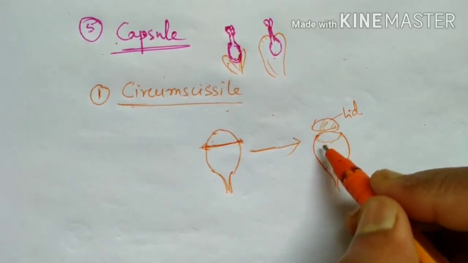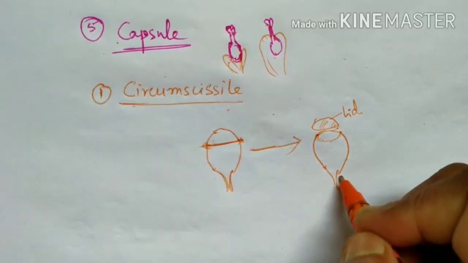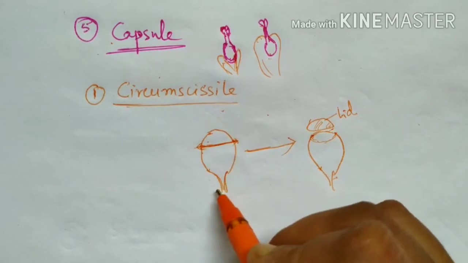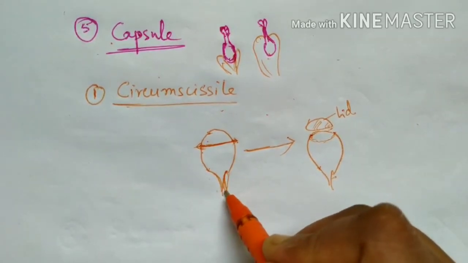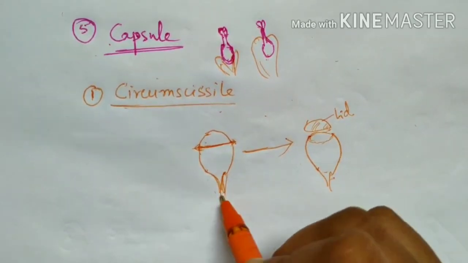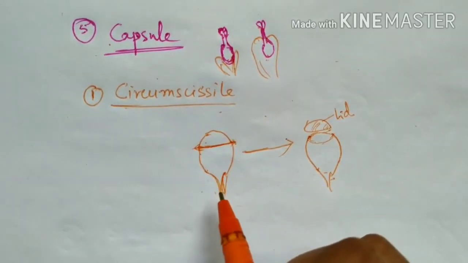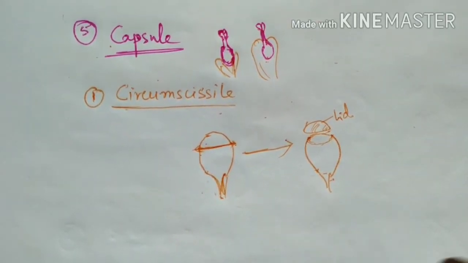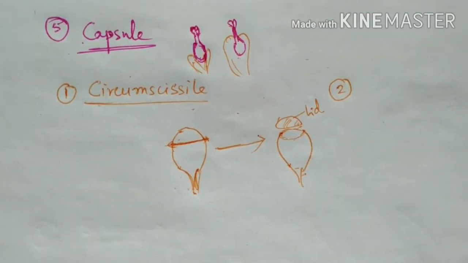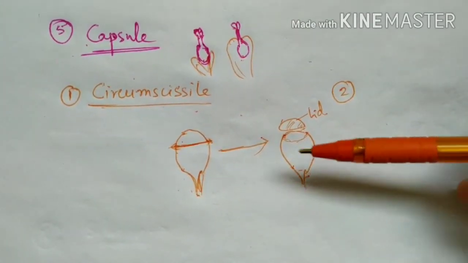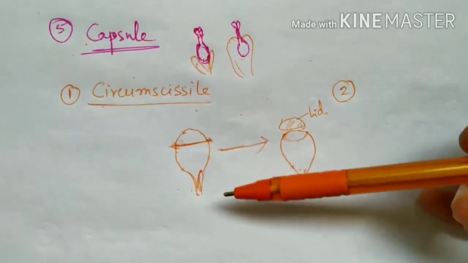So when fruit breaks its pericarp like this, then this is known as circumcisile type fruit. In eucalyptus we can see circumcisile type.